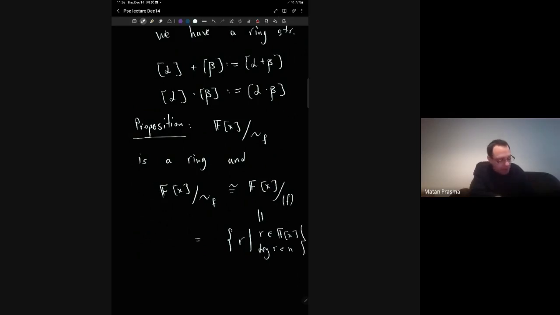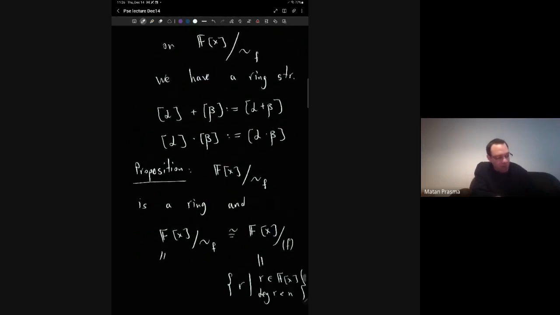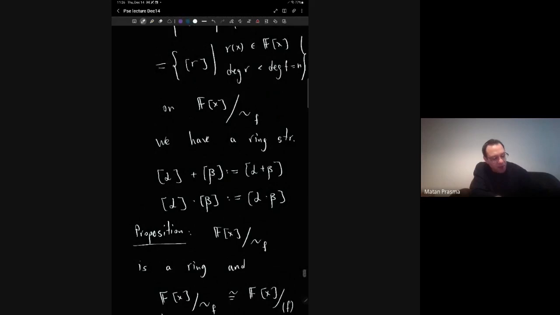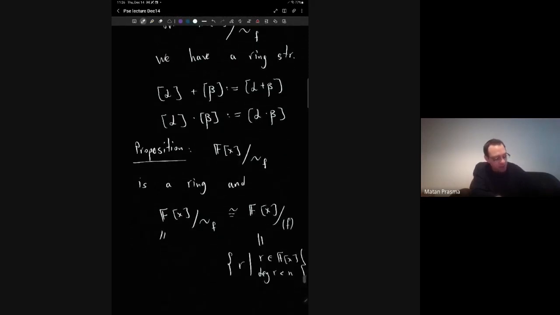And here, potentially, I have a different set, but as I said above, I can represent the quotient set as the collection of all equivalence classes of polynomials R with degree less than the degree of f.